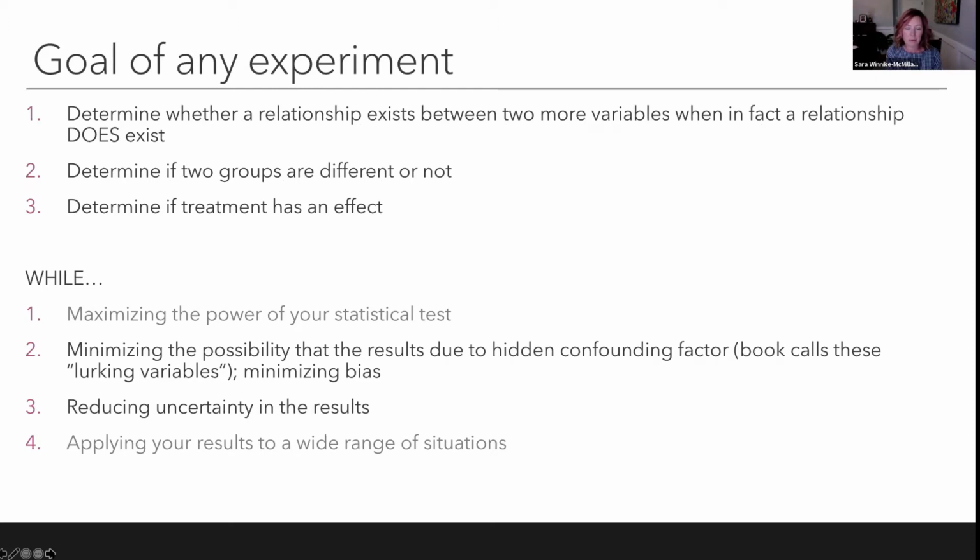Just to bring this all together and think about how we do this and why, a lot of what we're trying to do with any experiment is look at the relationship between variables or among treatments, or determine if multiple groups are different, right?